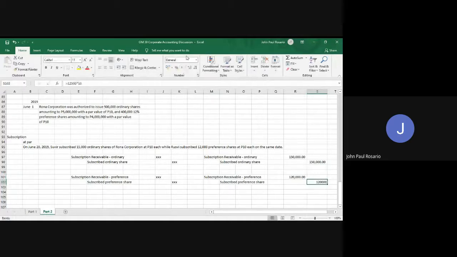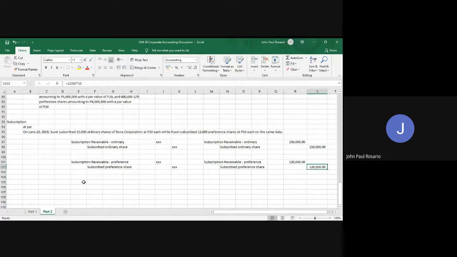Again, the par value equals the selling price, meaning you have no share premium. Now, what if at above par?